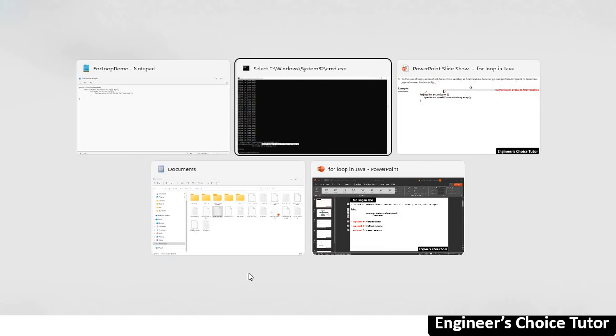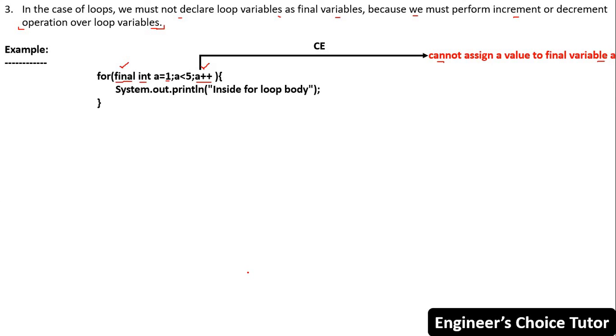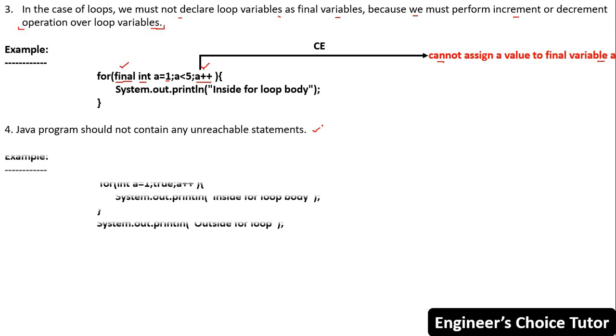Fine. Now let's see the next rule. The fourth rule is that a Java program should not contain any unreachable statement. Now tell me one thing. I have this example. Here I have a for loop. In the initialization section, I have int a is equal to 1, so a is basically 1. And see the condition: you have set it to true.